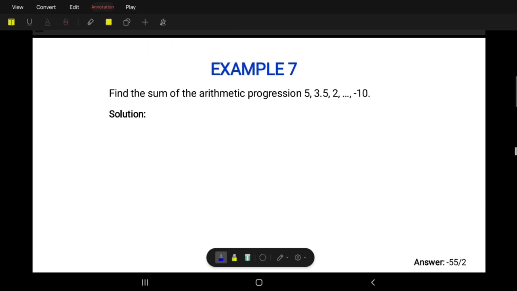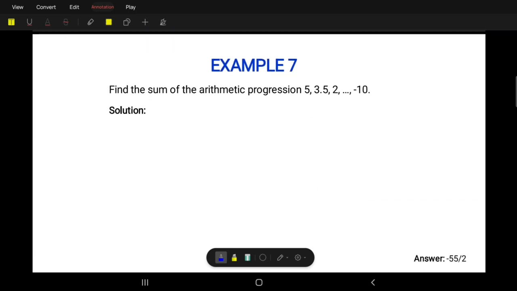Okay, example 7. Find the sum of the arithmetic progression. The sum. Bila sum ada S ni, that means use Sn. But first kita kena tahu dulu sum of the arithmetic progression. Maksudnya total dia sebenarnya. Kita nak cari total.